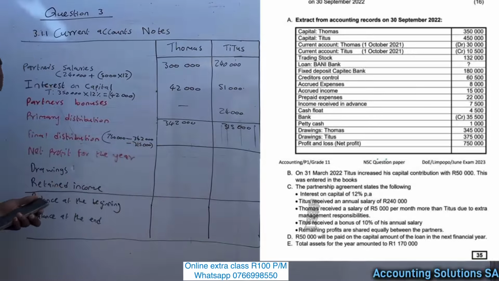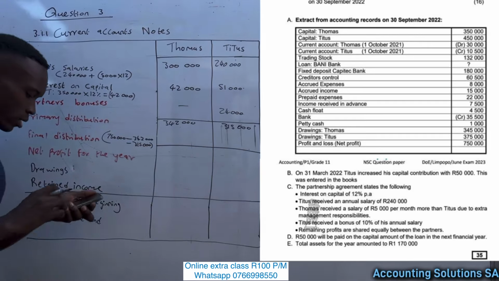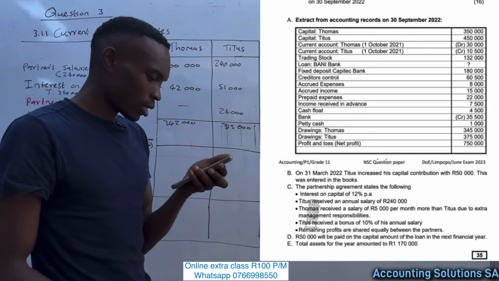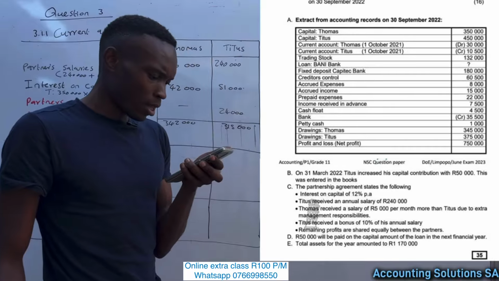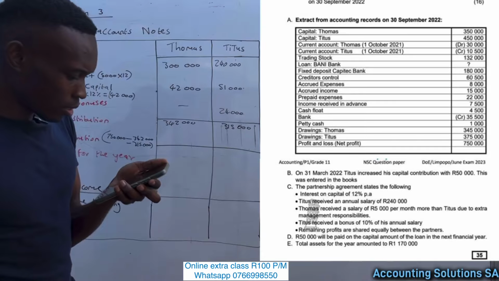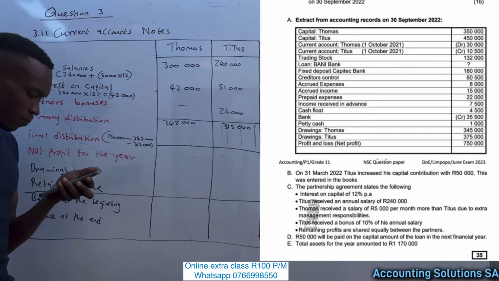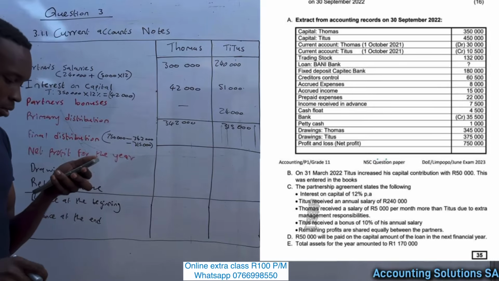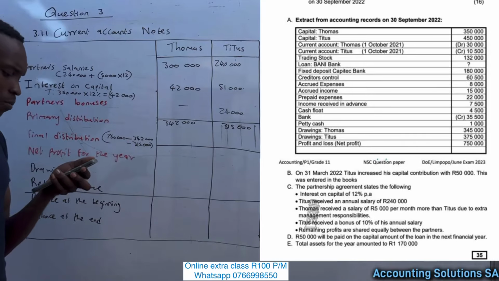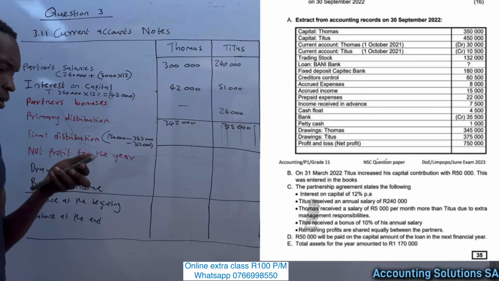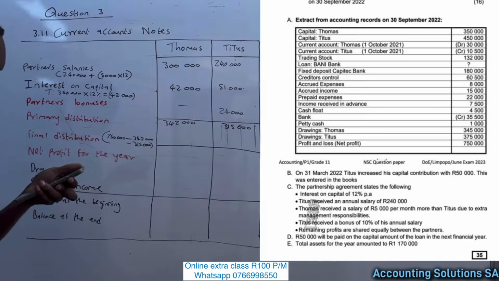That leaves 36,000. Then for the answer that you are going to get, we need to check the last bullet. The last bullet says that the remaining profit is shared equally between the partners.